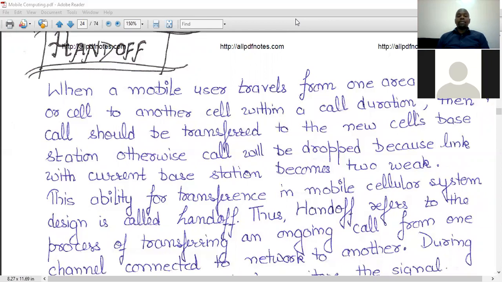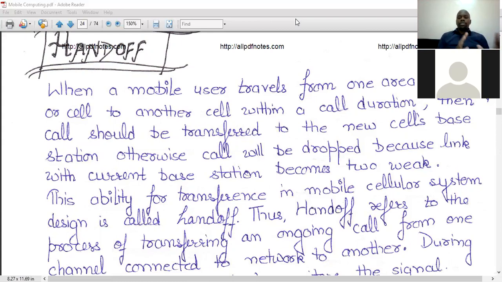The person who is moving around will experience a weak signal, because as he moves away from that cell, the control of that frequency by the base station controller weakens. So handoff basically is handing over control of a frequency from one base station controller to another, especially when a caller moves further away from a cell into another cell.